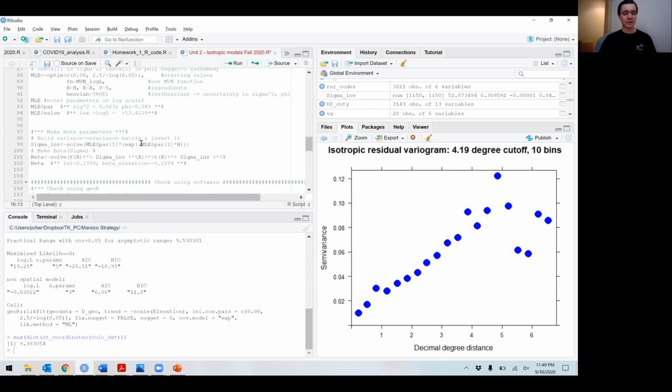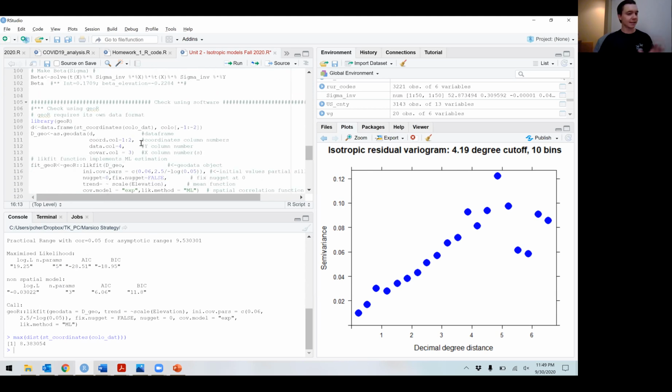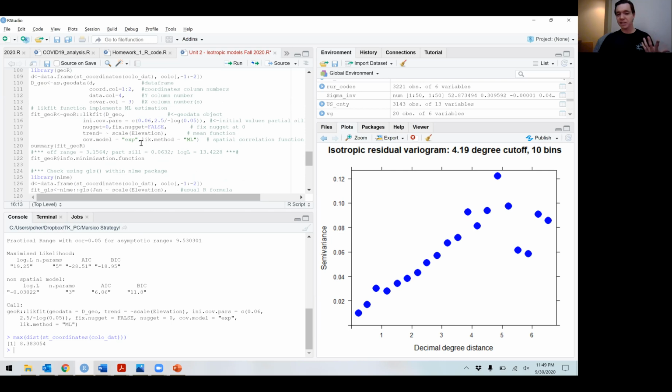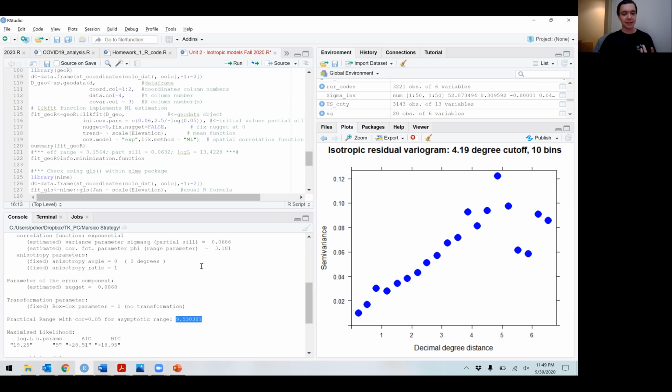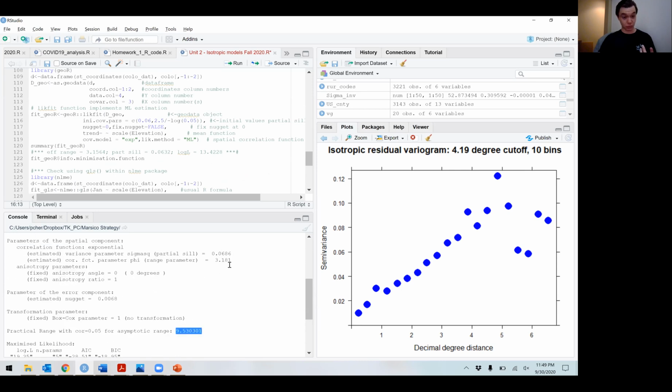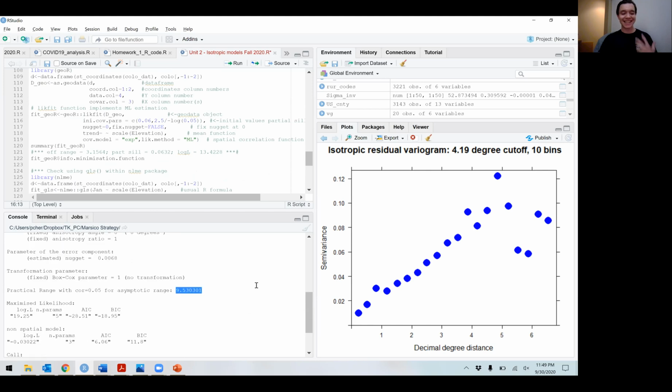That in itself doesn't make the analysis incorrect. I'm just pointing out that this parameter, the practical range and the range parameter, tend to be sometimes poorly identified, as in there's not a ton of information in the data to really nail down a precise estimate.